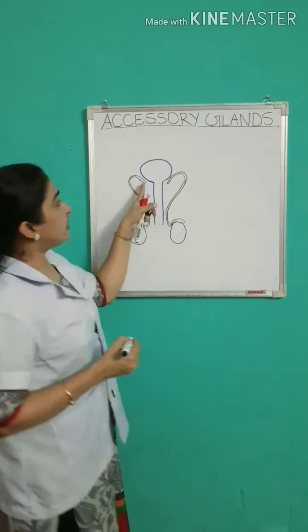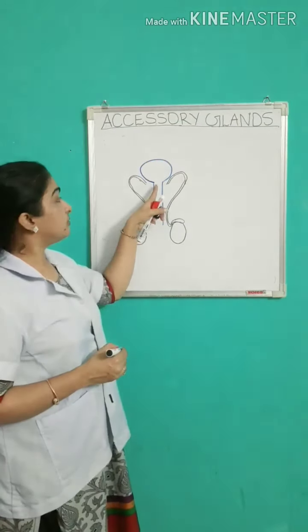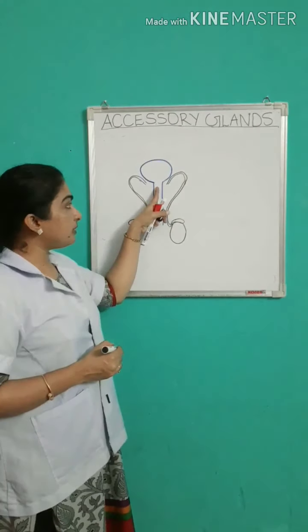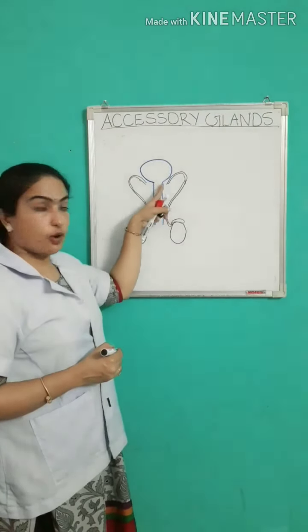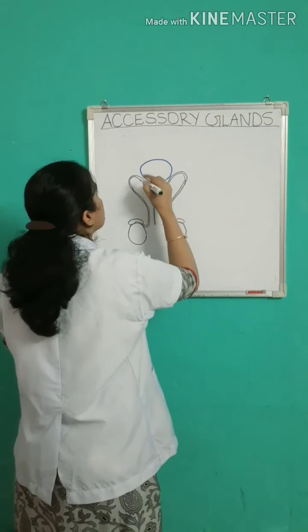Now we can see there is a place where the vas deferens joins the urethra, that is called the ejaculatory duct.